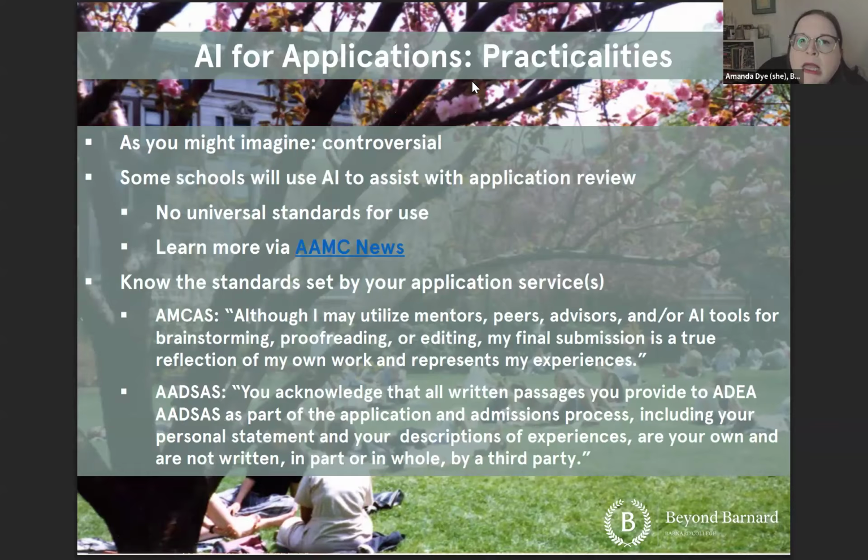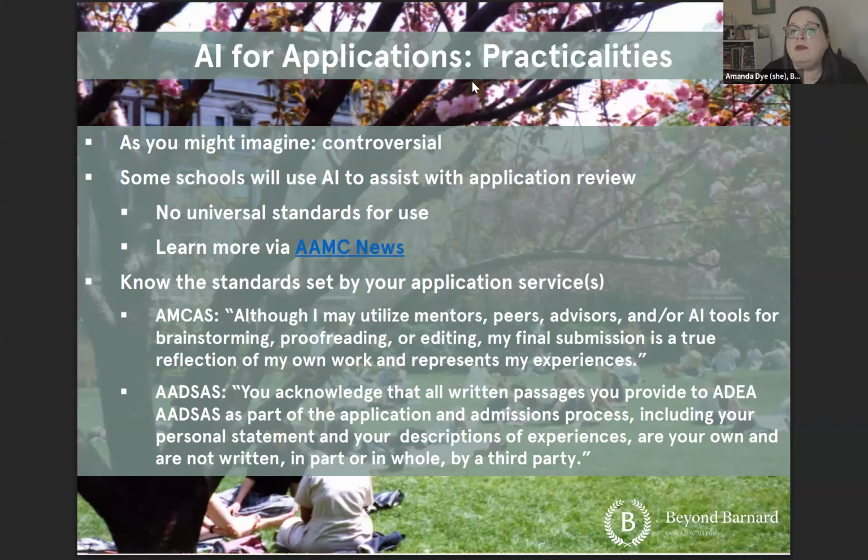I also want to talk a little bit about use of AI in applications to health professions programs and in your writing and revising processes. As you might imagine, there's a great deal of controversy about using generative AI for personal statements. But quite frankly, there are professional schools out there who use AI programs to assist with their application review. There are no agreed upon universal standards for this in the admissions world right now.